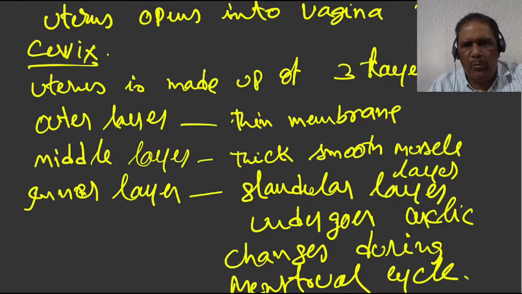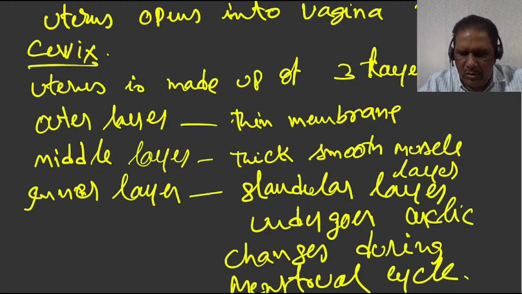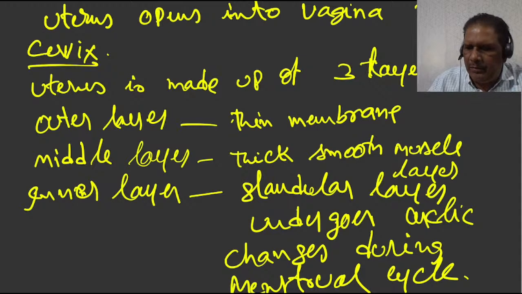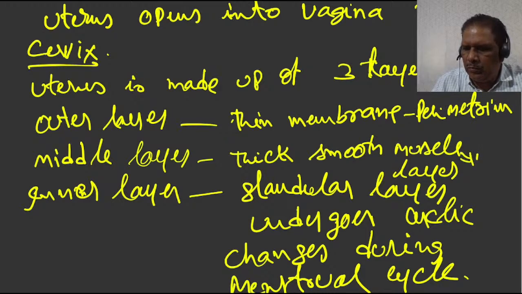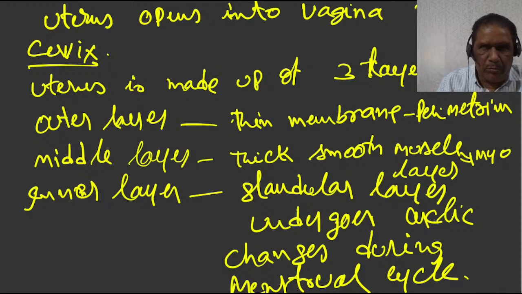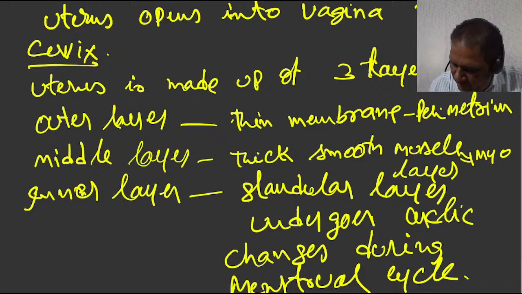Okay. Uterus is made up of how many layers? 3 layers. Outer layer is perimetrium. Middle layer is myometrium. And inner layer is endometrium.